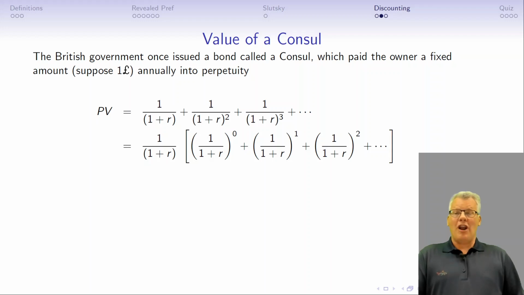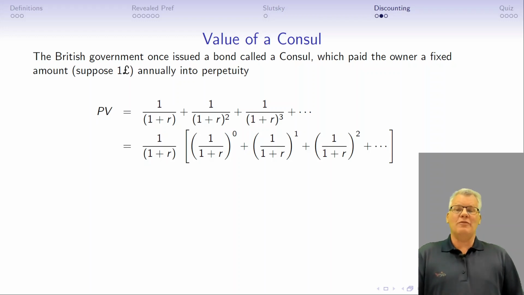So if you can express some infinite sequence as ever higher powers of a base, and the base here is 1 over 1 plus r, as long as the absolute value of the base is strictly less than 1, an infinite geometric series sums to a finite amount. So in the second line, what I've done is I've shown how if I factor 1 over 1 plus r out of this present value, I get a well-defined infinite geometric series.